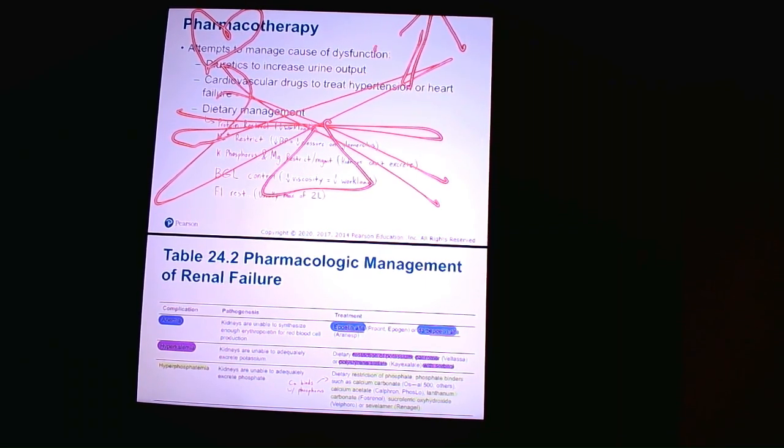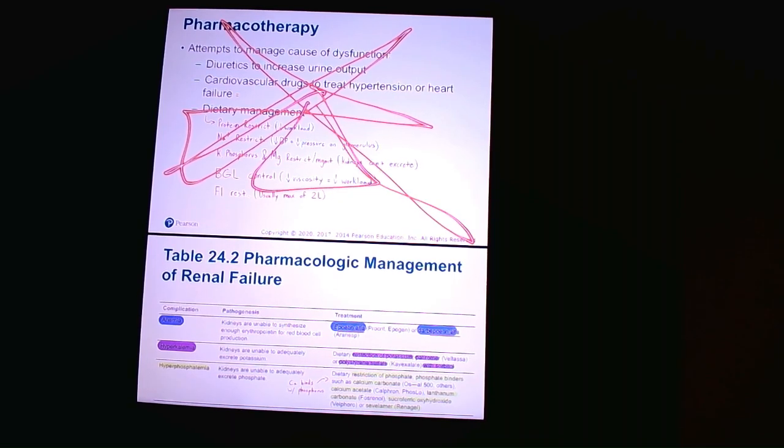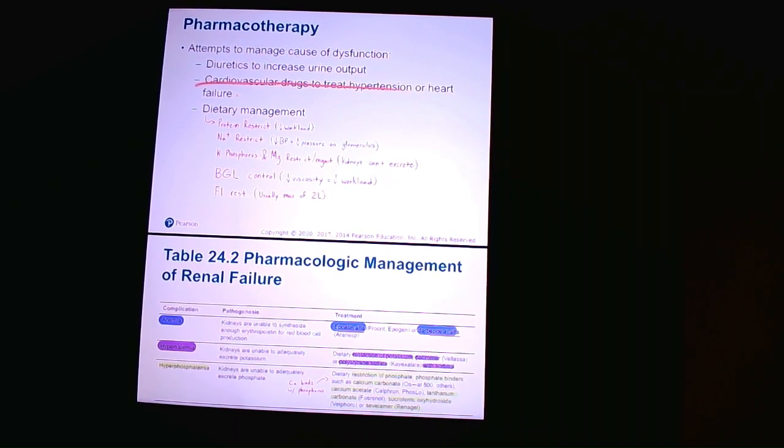So as the pressure rises, your heart has to work harder too. But as your heart works harder, your pressure rises as well. So it's this balance that won't ever really balance and causes a lot of problems. So that's why cardiovascular drugs are given, because they help control blood pressure. And if you control blood pressure, you lower the damage going to that glomerulus that we were talking about earlier, right?